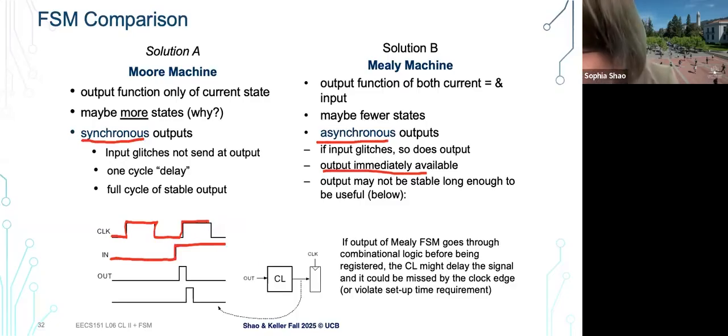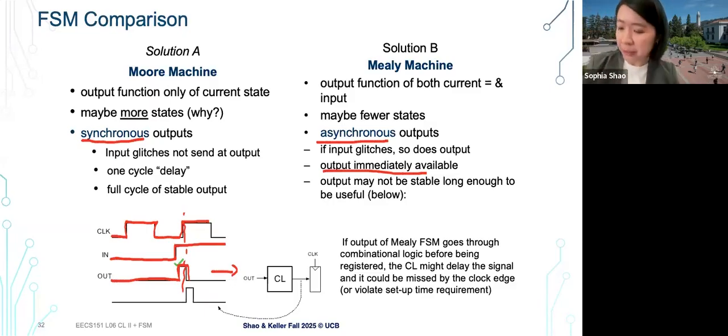For a Mealy machine, the output also changes when the input changes here, but the output also depends on the clock, so when the clock triggers, the output also gets updated. So in this scenario, if the input arrives very late, you could have a very narrow glitch of the output. The problem is whether it will actually be caught by the downstream circuit, as it's a very small signal. Whether the downstream circuit can actually catch it is a very important component.